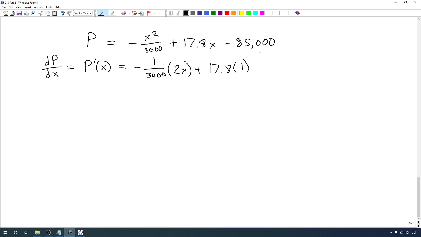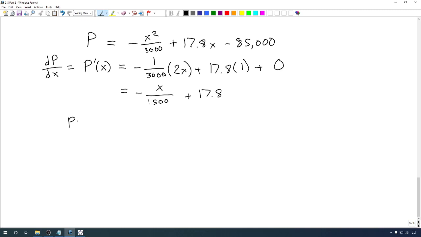And finally, we have a constant at the end. Derivatives of constants are just 0. So really the only simplification to do here is we can cancel a 2 with a 2 from the 3,000. That turns the 3,000 into a 1,500. And so this is our formula for marginal profit.